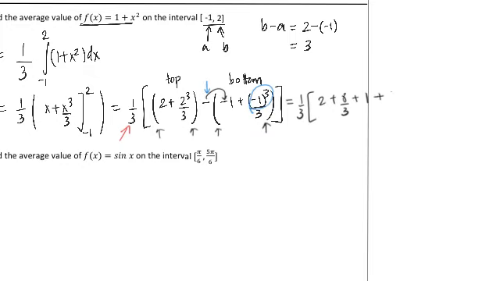So I'll have plus 1/3. And now you can combine this 8/3 and this 1/3, that makes 9/3, or just 3. And this 2 and 1 combine to make 3. So I'm going to end up with 3 plus 3, which is 1/3 of 6, which is 2. That's going to be my average value.